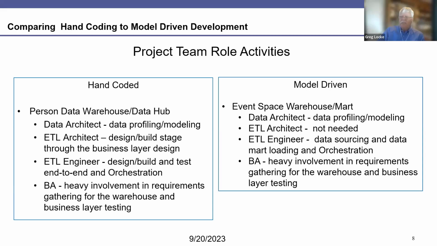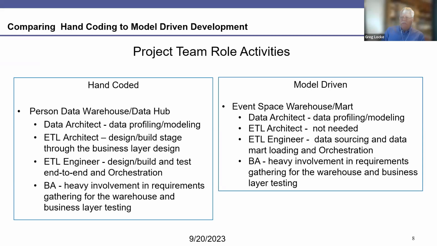On the hand-coded project, the ETL engineer was focused on data sourcing, stage loading, data vault loading, orchestration, and testing end-to-end. On the model-driven project, the ETL engineer was focused on data sourcing, data mart loading, orchestration, and testing end-to-end. And on the hand-coded project, the BA was focused on requirements analysis and testing every data hop, source to stage, stage to vault, vault to business layer.